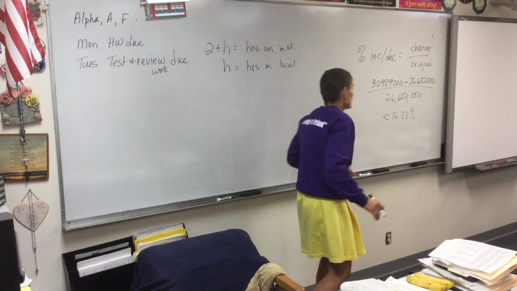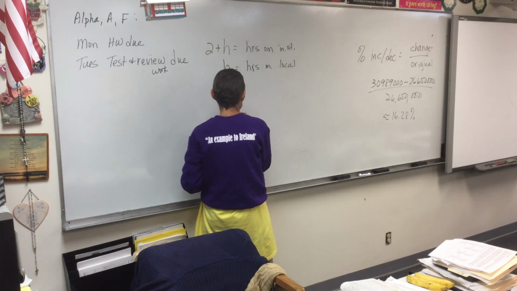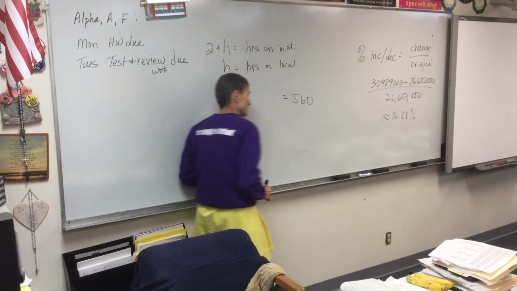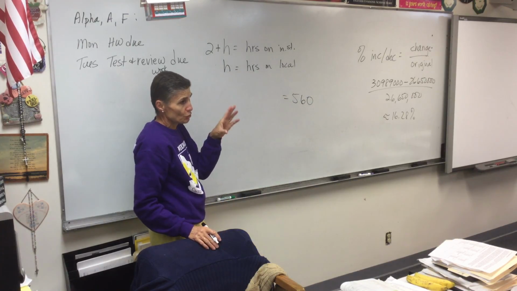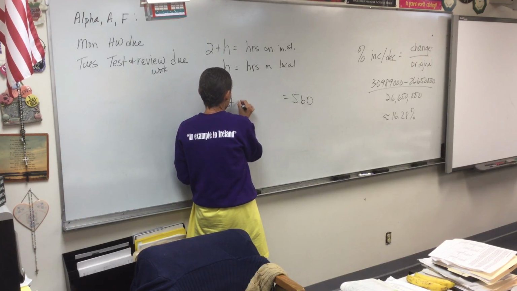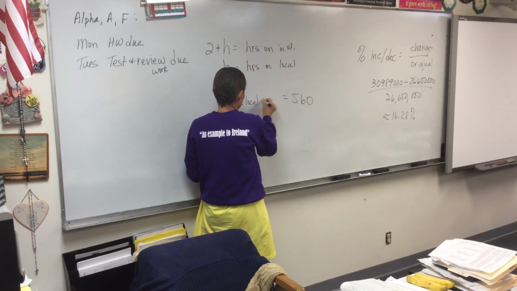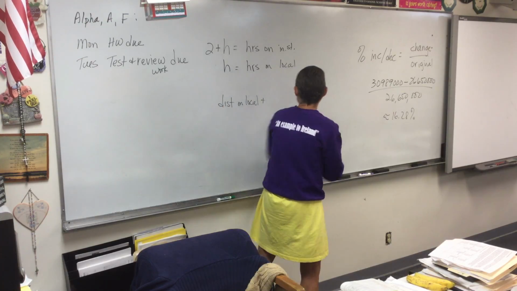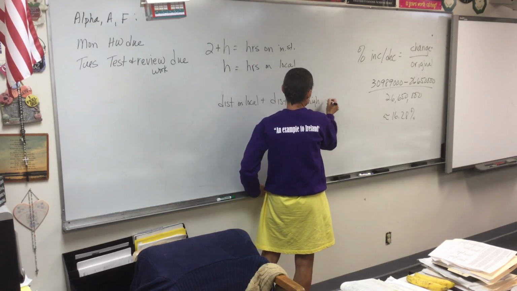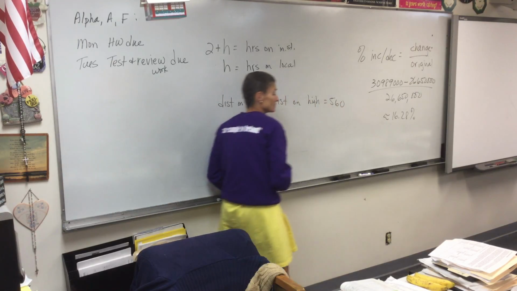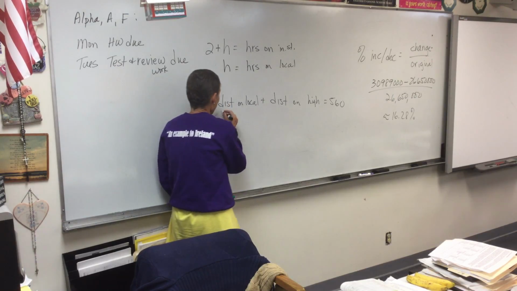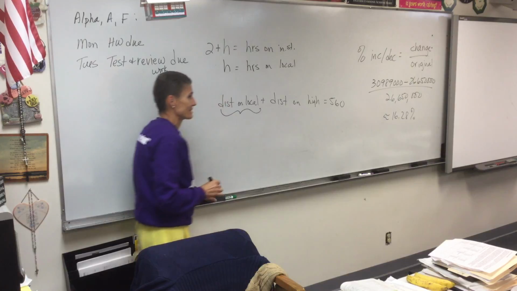So the total distance is 560 miles, and that distance is broken up into 2 pieces. It's the distance on the local plus the distance on the highway. Would you agree with that? Now, how do you find distance?